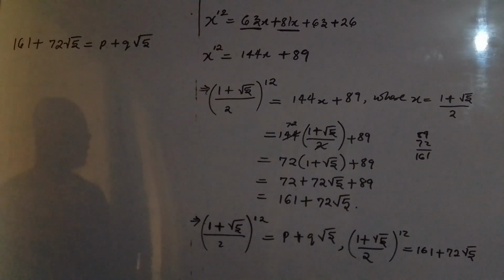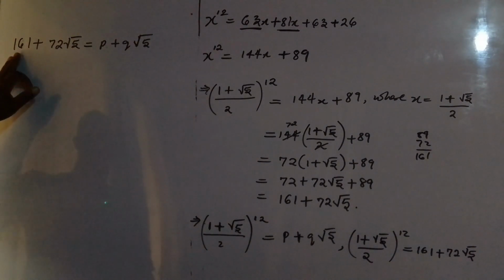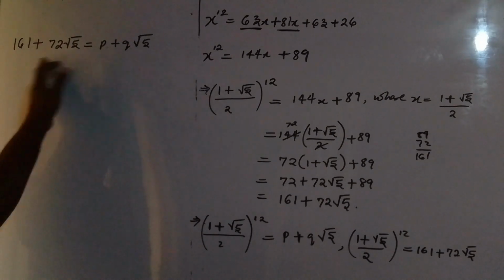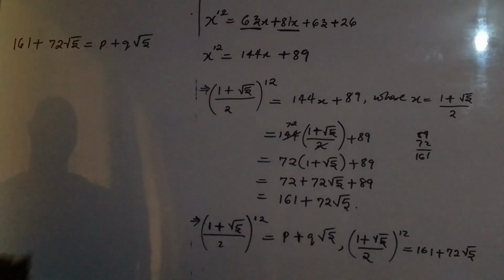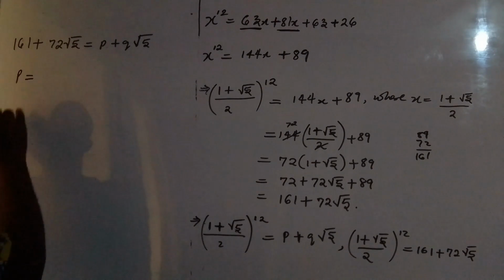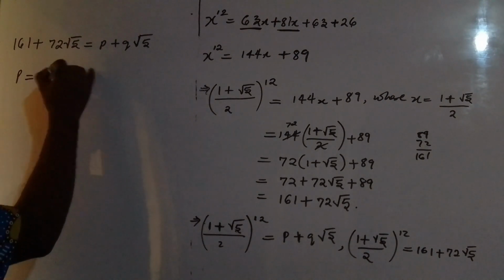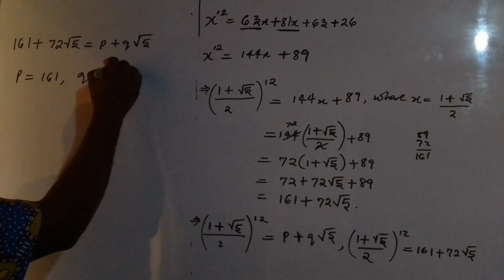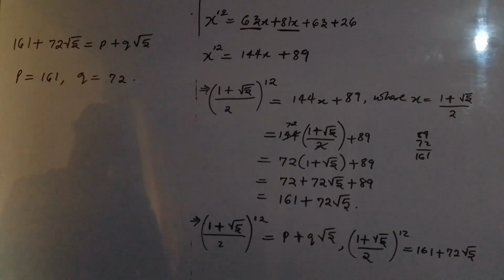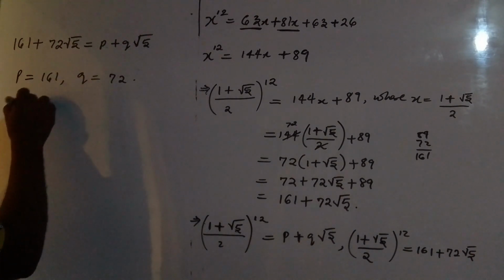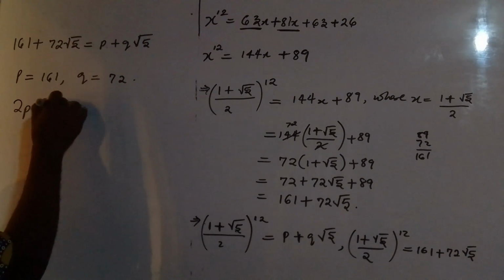Comparing the two sides of the equation, what this simply means is that p is equal to 161 while q is equal to 72. Now, how do we find 2p minus q?